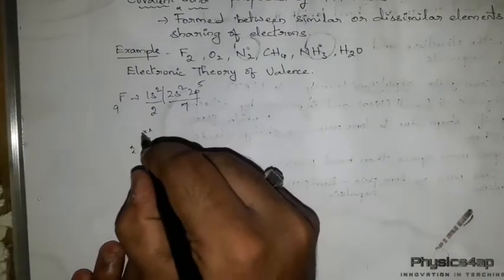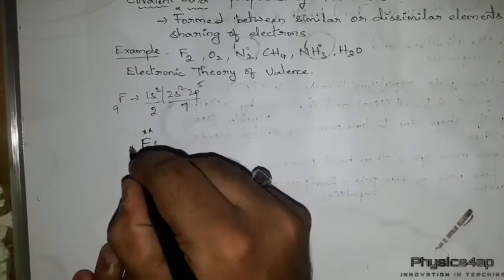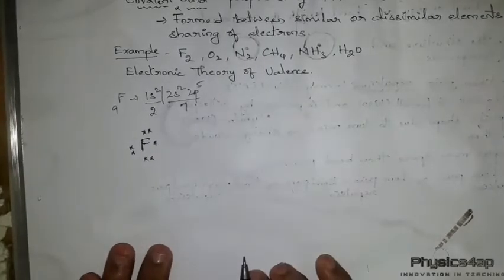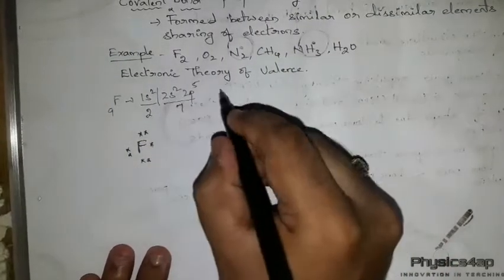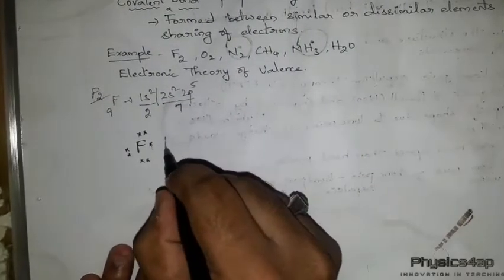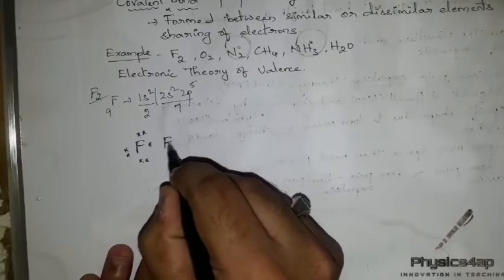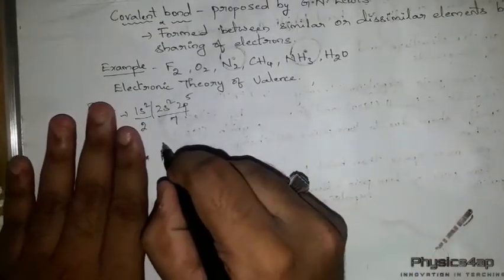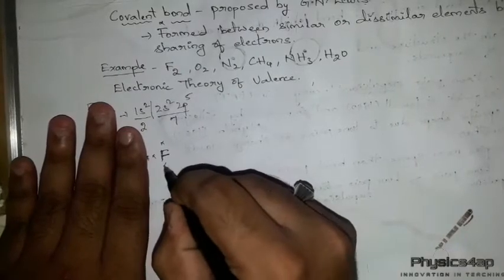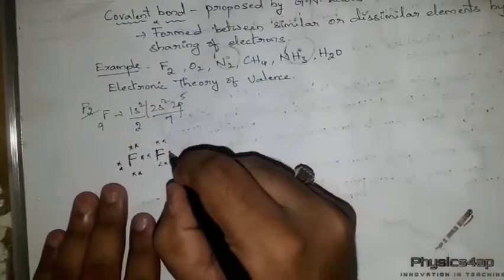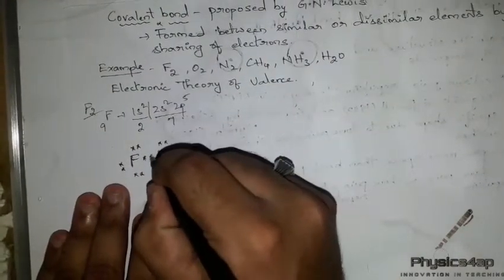Next, as we are discussing the F2 molecule, we write another fluorine, which also has 7 electrons: 1, 2, 3, 4, 5, 6 and 7.